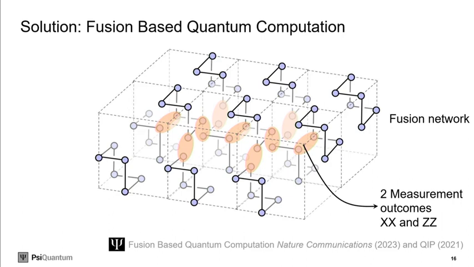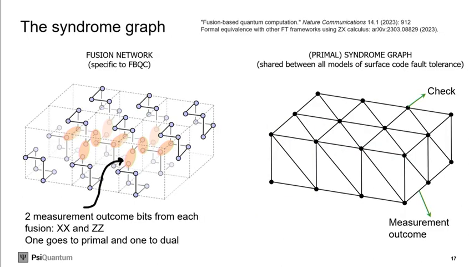So again, you can see states here. The hexagons are our resource states. The orange circles are our fusions. Every fusion produces 2 bits of information, which are the XX outcomes and the ZZ outcomes. And what you end up with is a fault tolerance structure which we are all familiar with.